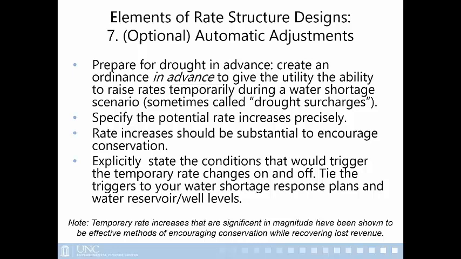Again, I won't talk so much about the automatic adjustments. The idea was you can set a rate structure design and some rate setting rules that say if we end up in a water shortage period, if we have a stage 3 conservation, then automatically our rates will change, and it will raise the price for high usage, so that we encourage customers to conserve, but also to help with cost recovery during the time when people are conserving and the utility needs to deal with reduced demands.